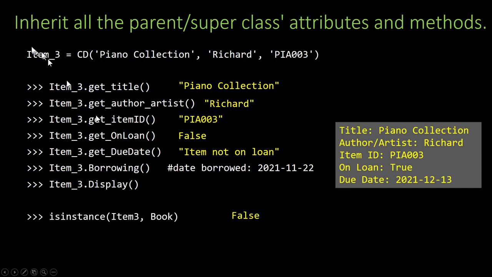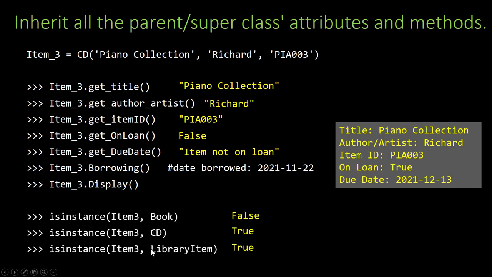Now we can check whether item3, which is a CD object, is a Book object. The answer is no, so it's False. Okay, item3, check whether it is a CD object? The answer is True. Is item3, a CD object, also a LibraryItem? The answer is True.